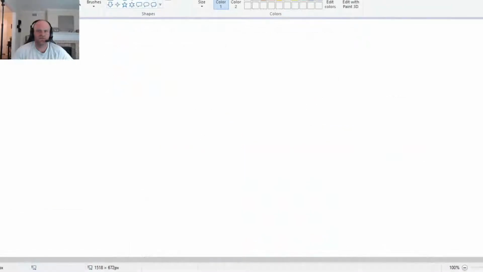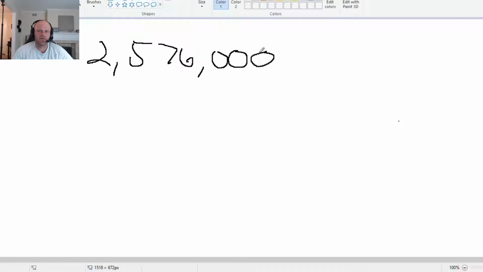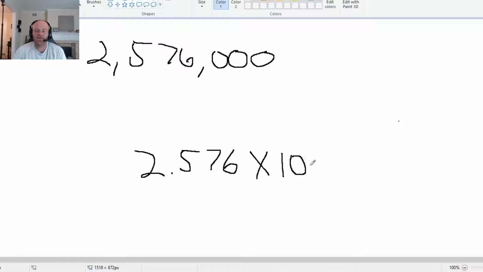Alright, so say we have 2,576,000, and I want to write this in scientific notation. The first thing I do is take the first whole number and make that the coefficient. So 2.576 times 10. Now I have to figure out what power it's raised to.